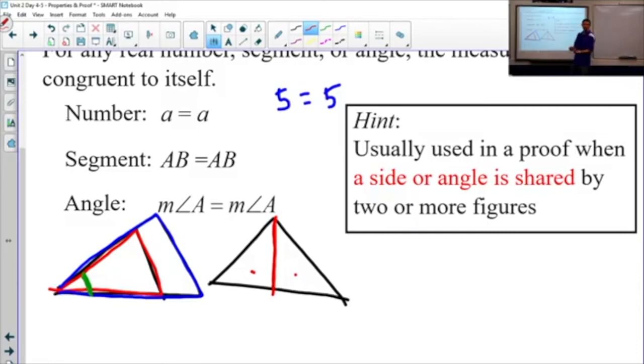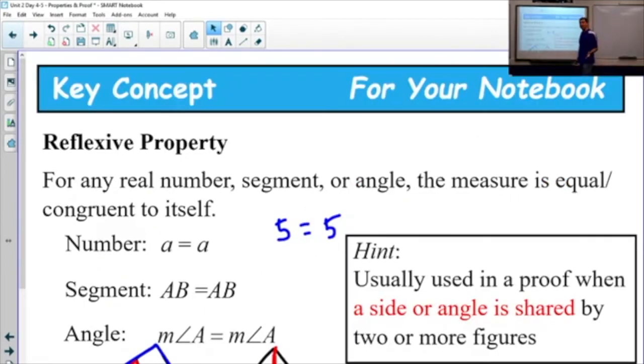It doesn't matter which triangle I'm talking about, it's the same side, and so it's going to be equal to itself. Measurement is going to stay the same. So that's all we're saying when we look at the reflexive property, but it's going to come up a lot. So something equal to itself, A equals A, AB equals AB, 5 equals 5, that's the reflexive property. The next one is the symmetric property.